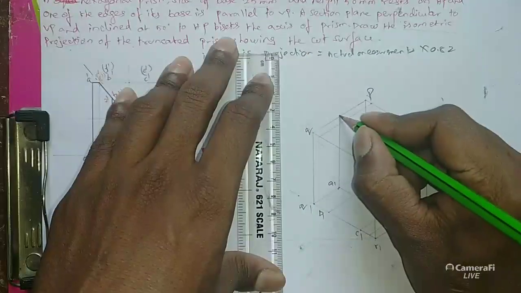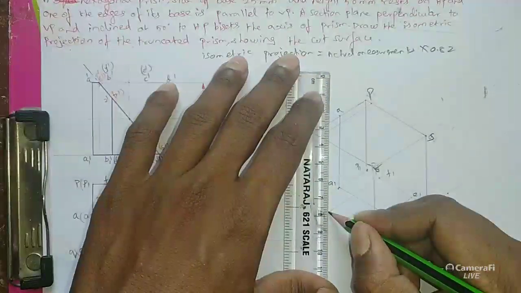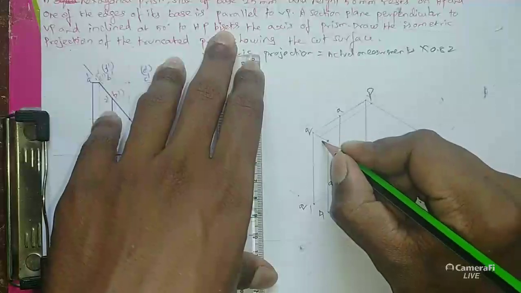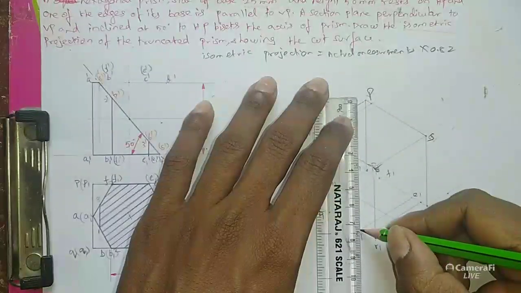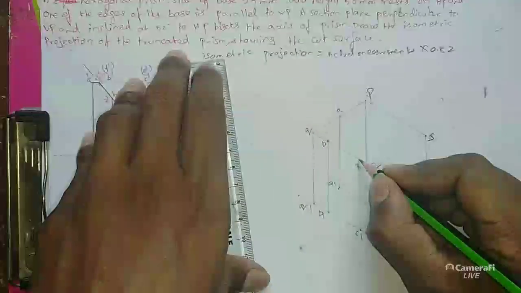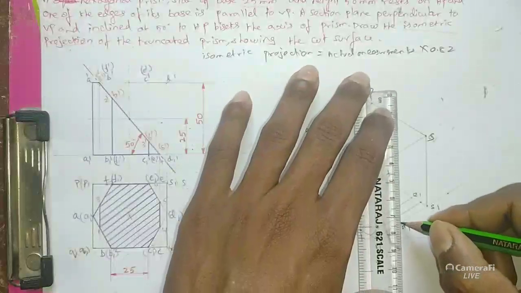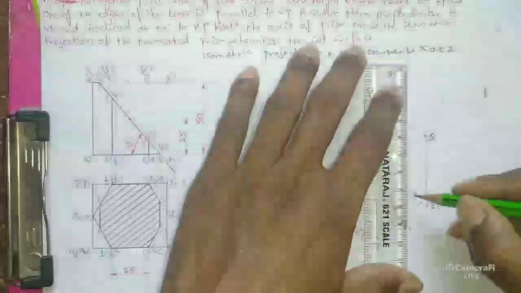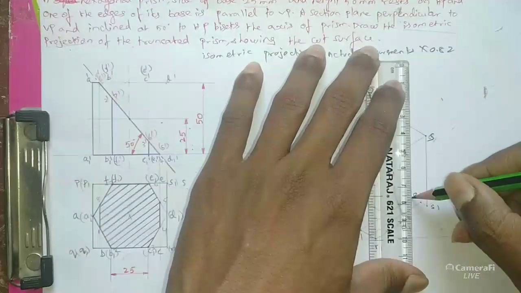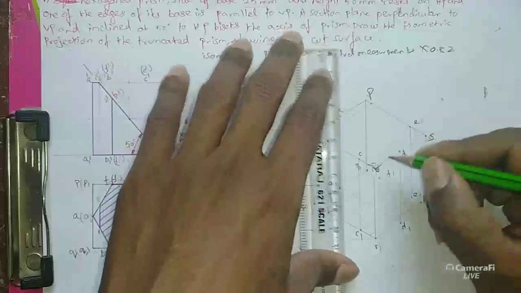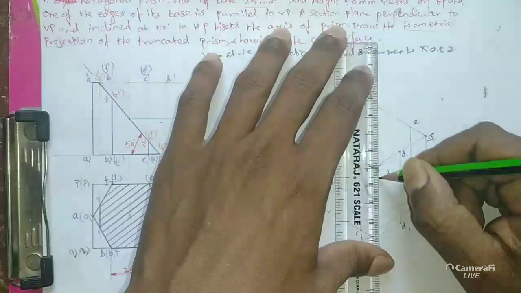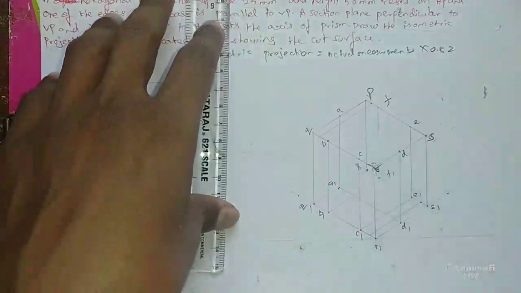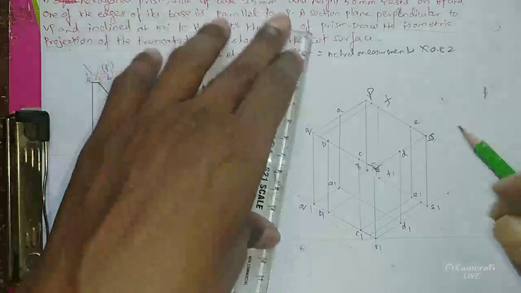So this is point A and this is point B. This is point C. This is point D. This is point E, and this is point F.